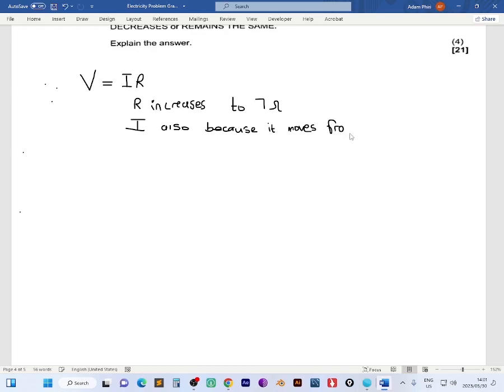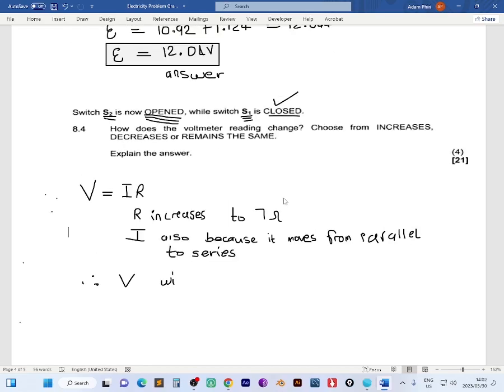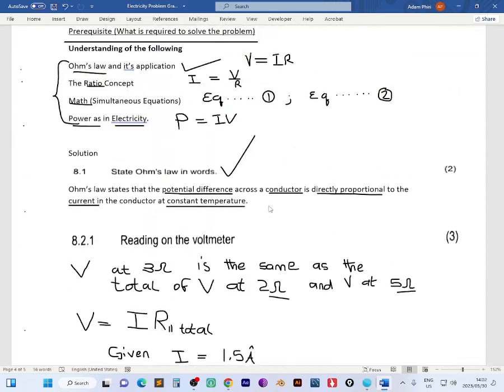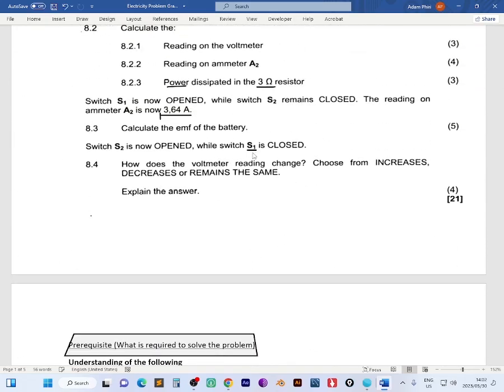So instead of the one going through 7 ohm and 3 ohm, now you have one path going through the 3 ohm. But we'll have to look at this question that is in series. So when it moves from parallel to series, do we expect an increase in the current since the path is no longer split between the two?